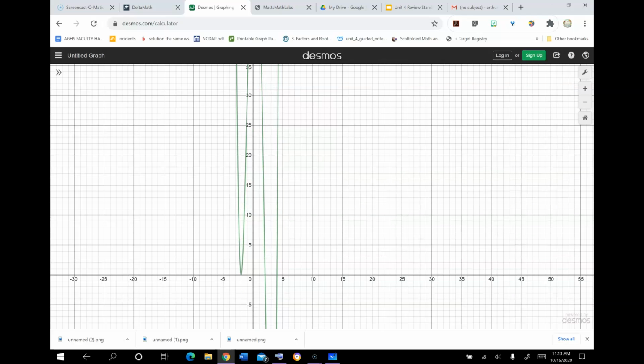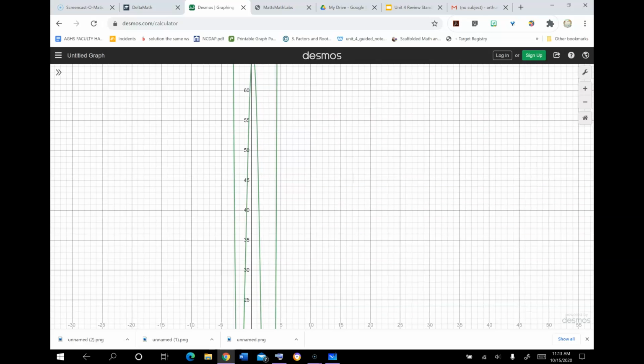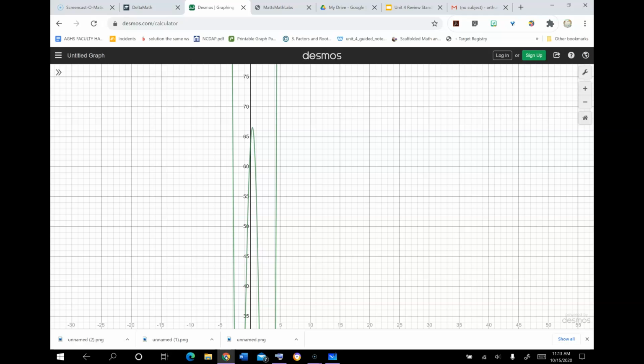We're looking for increasing. But it looks like I start increasing at negative 2. So I'm going to start increasing at negative 2, and I go all the way up to, remember it's x values, to that. So I am increasing, okay, from negative 2 all the way to 0.314. We're only getting x values. All right, now let's see if I increase some more.